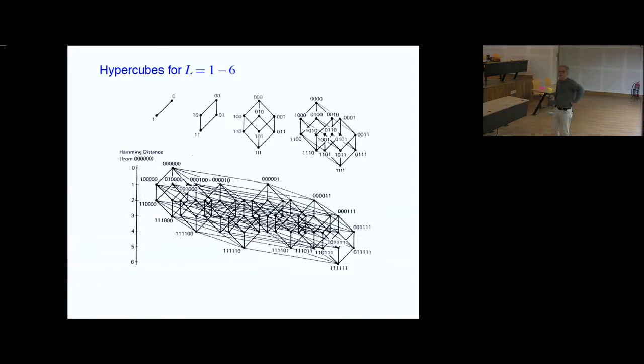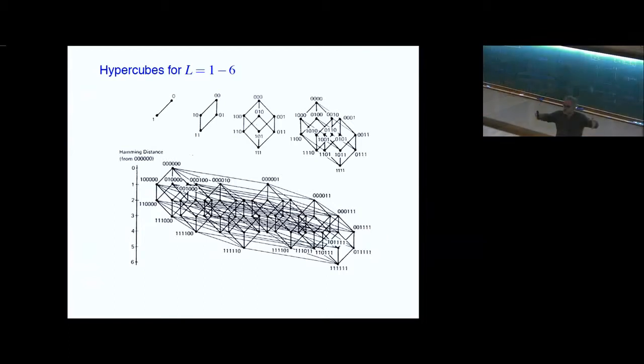And the reason is that the largest distance that you can go from one end to the other, from all zeros to all ones, is always L. Right? So the maximum Hamming distance is L. This is also called the diameter of the space.